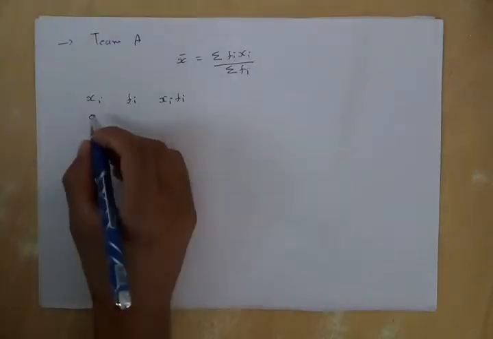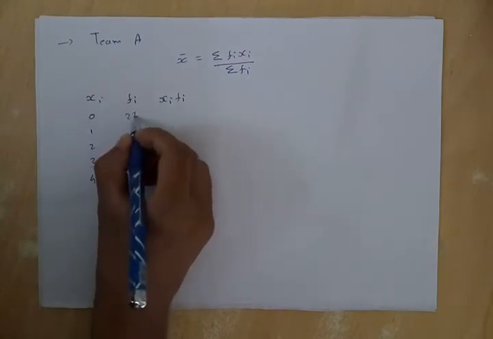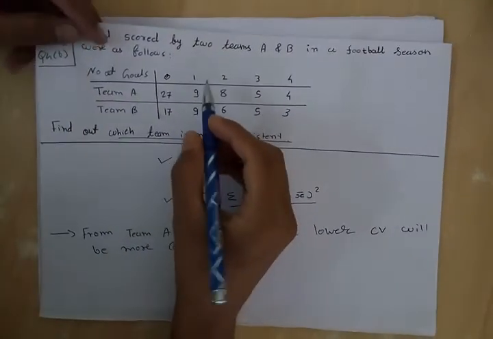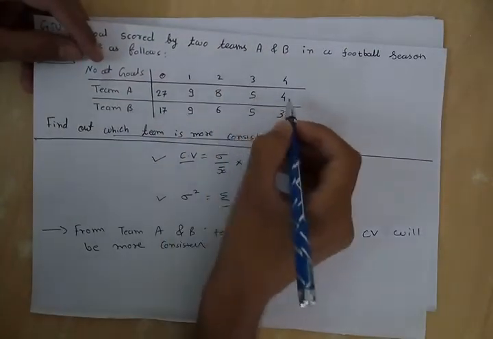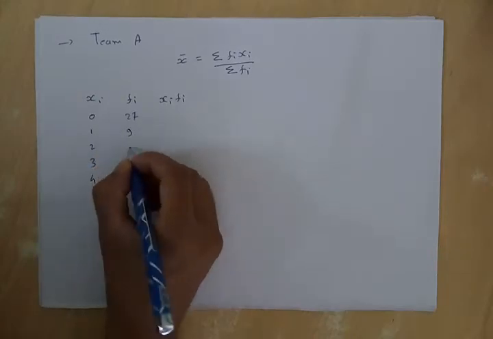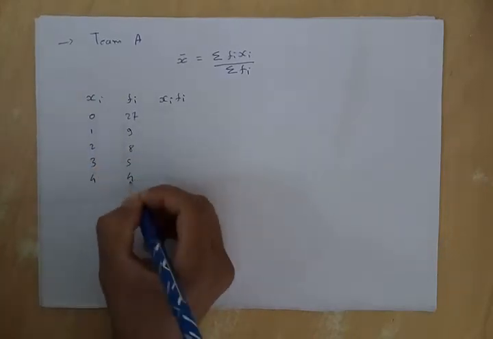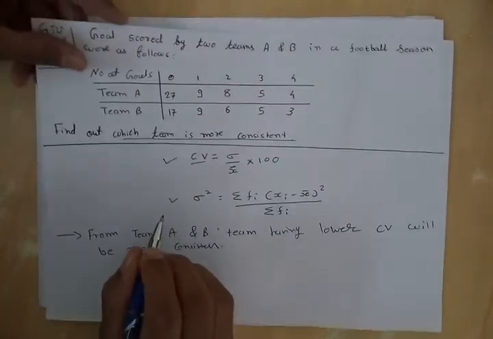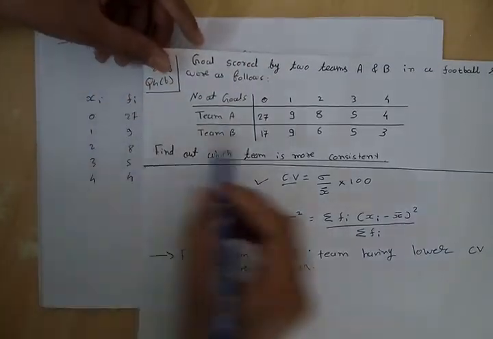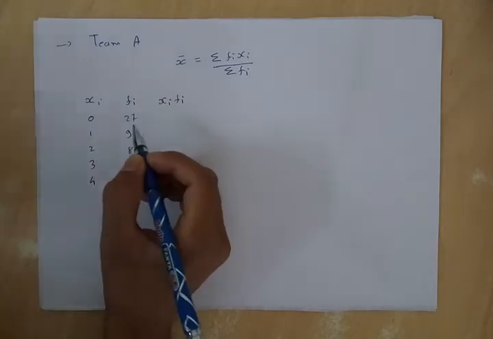So we will write 27 here. So in next row we will write 9, 8, 5 and 4. So in fi column we will write all these data. Now we will just multiply all these values.